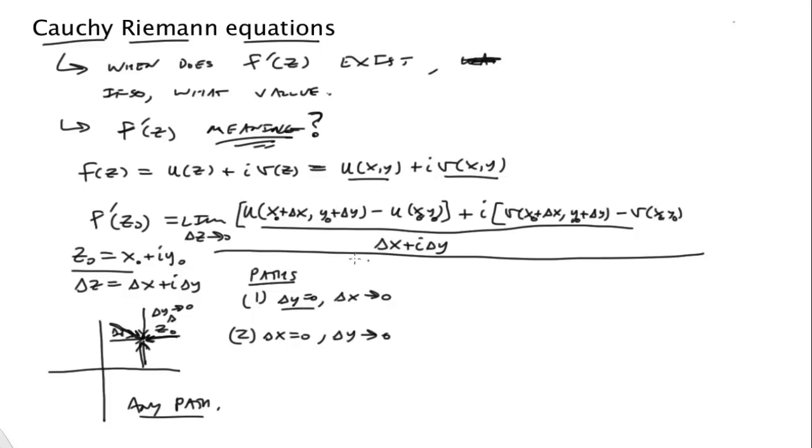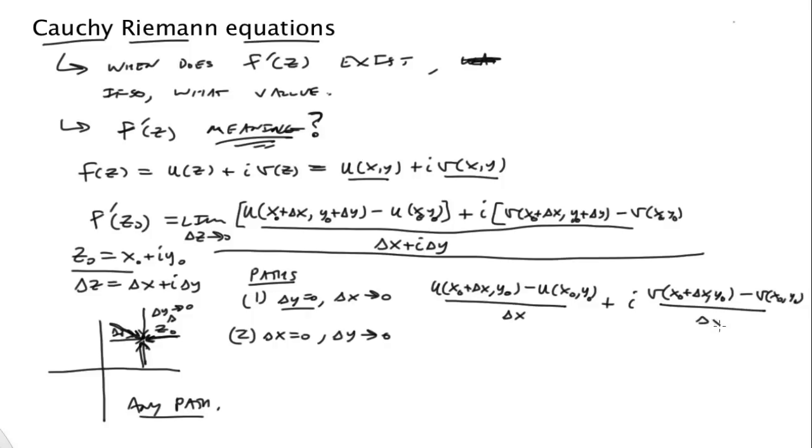You clearly see that this ratio then becomes u at x0 plus delta x, comma y0, because delta y is now 0, minus u at x0, y0, all over delta x, plus i times v at x0 plus delta x, comma y0, minus v at x0, y0, all over delta x.